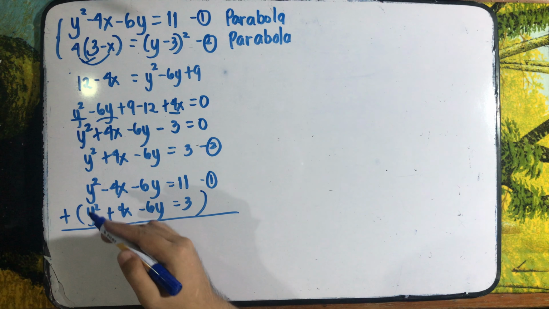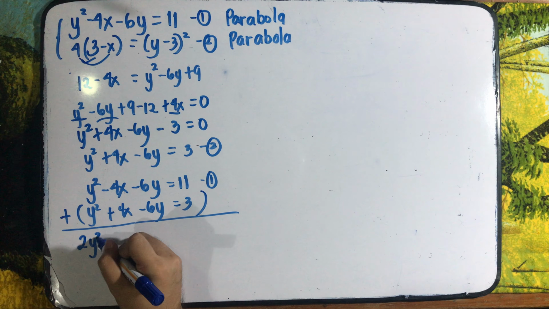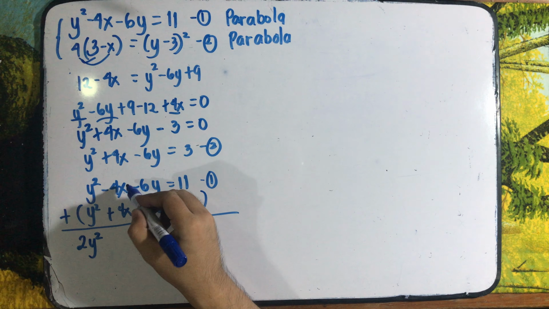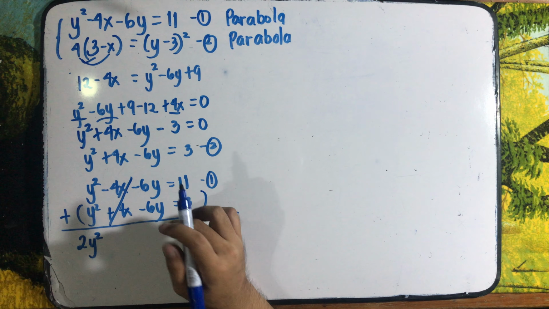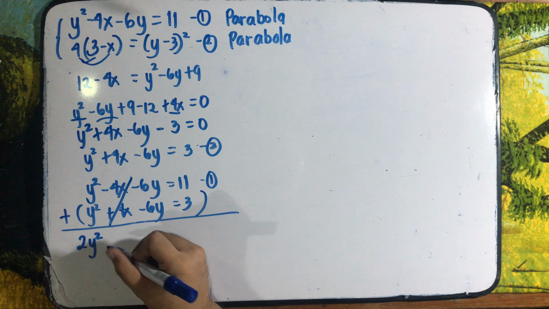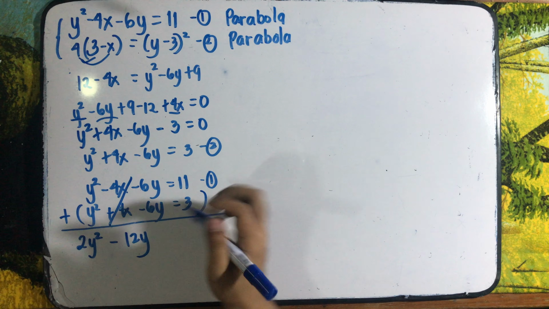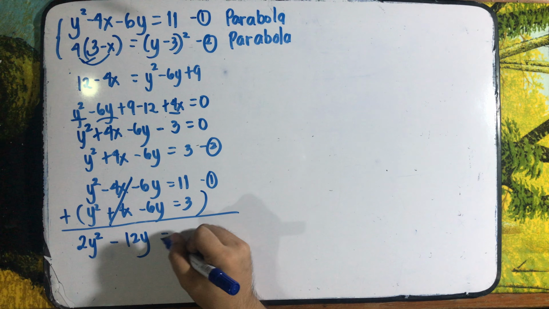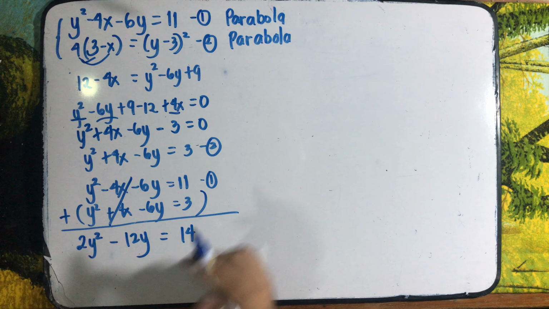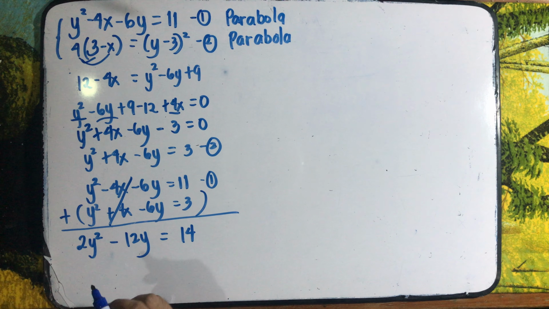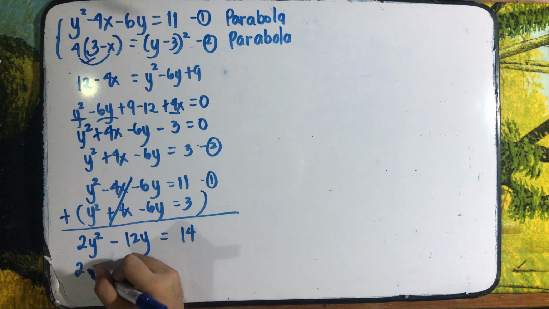So let us try to add. y squared plus y squared becomes 2y squared. Negative 4x plus 4x is 0, it cancels out. Negative 6y minus 6y is negative 12y. 11 plus 3 is equal to 14. Okay, so we could now factor out the common term, which is 2y.